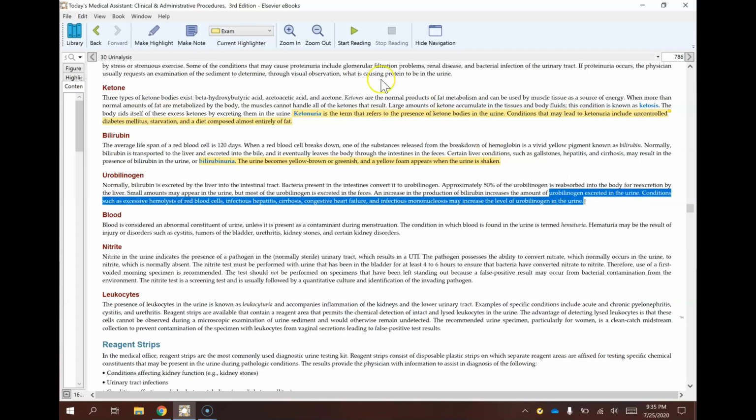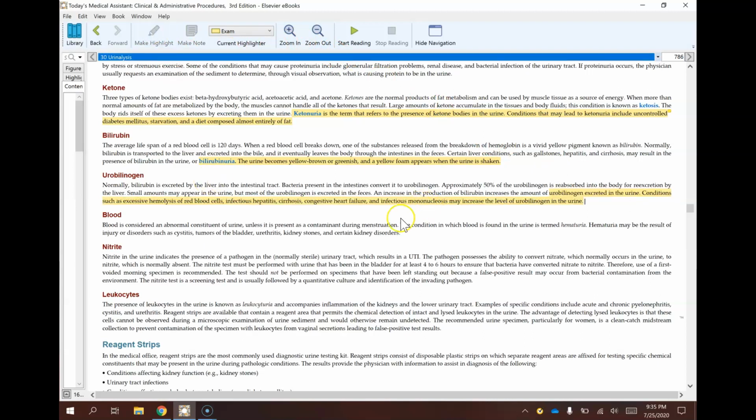Conditions that would cause this are infectious hepatitis, that's another liver condition, cirrhosis, a liver condition, congestive heart failure, and infectious mononucleosis. So again, more non-invasive indications of things going on simply by getting a urine sample.